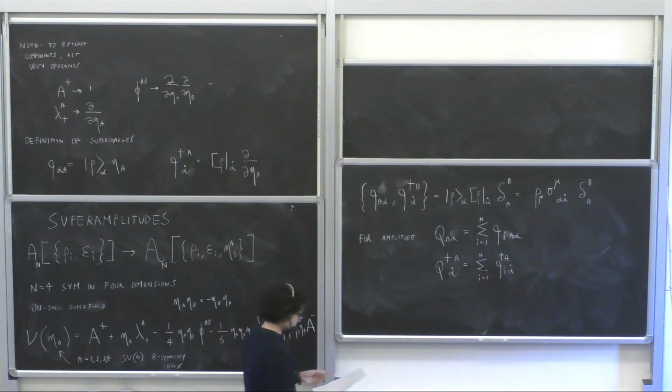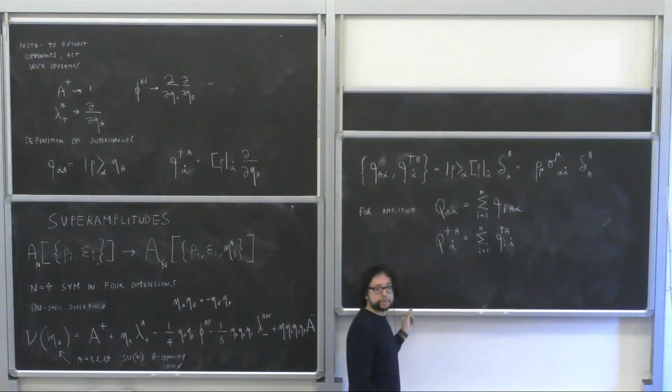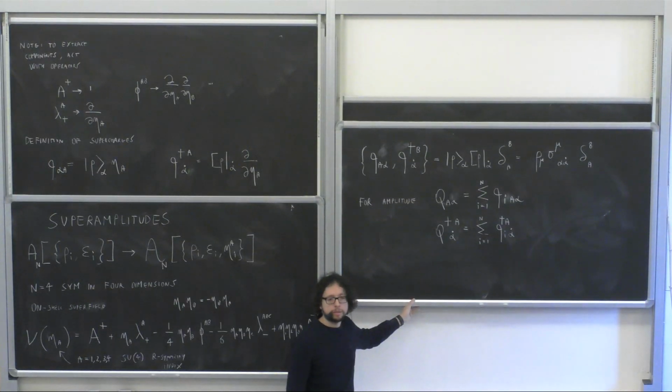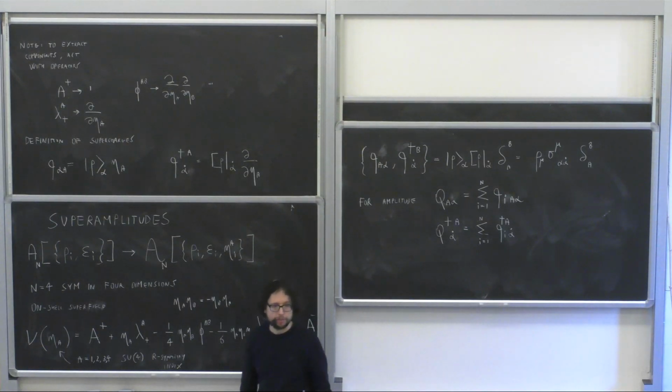Very good. So then, that's a question, yes? How should one think of the supercharges in this? What are they acting on? Okay, so this is a very good question because I have not yet told you what they are acting on.